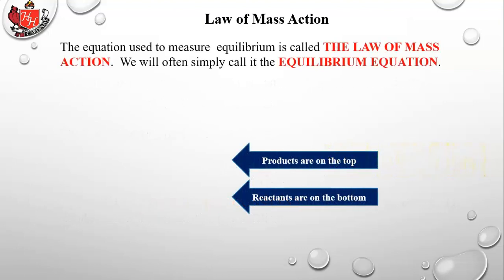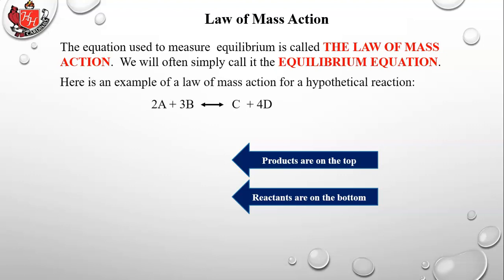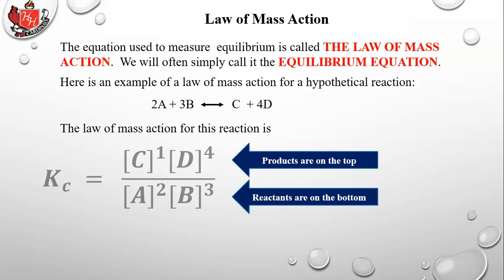The equation used to measure equilibrium is called the law of mass action. We will often simply call it the equilibrium equation. Same thing. So here's the example again. The products are on the top and the reactants are on the bottom. So think about what that means.